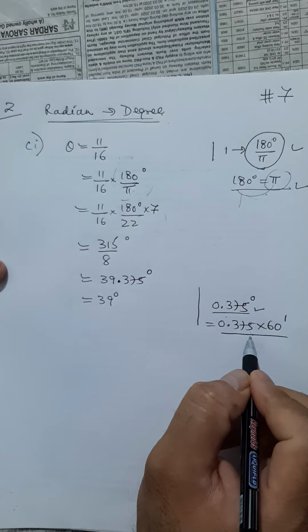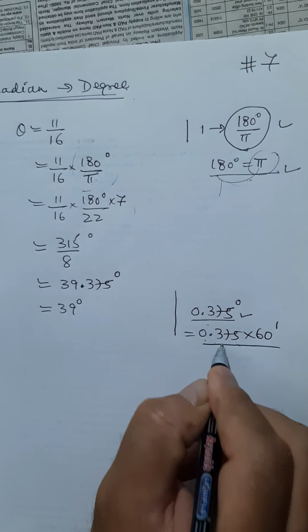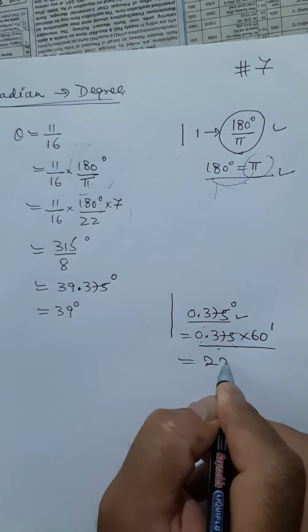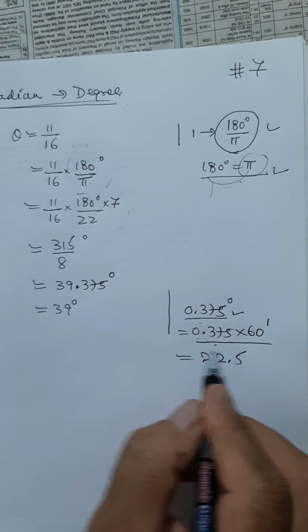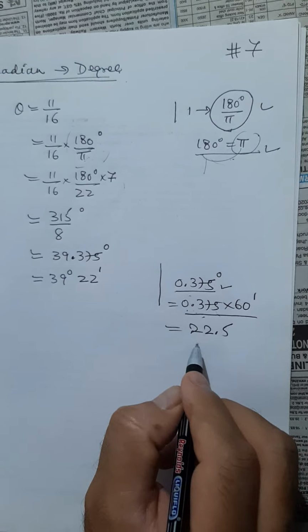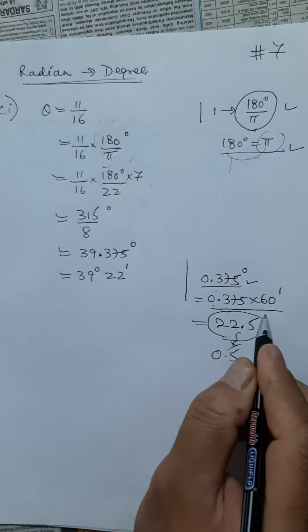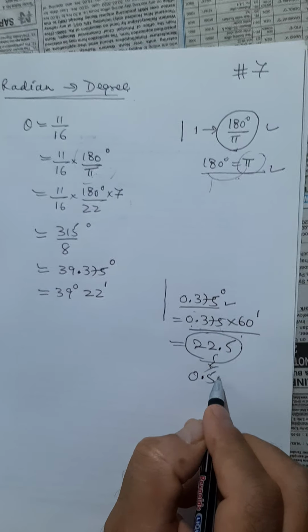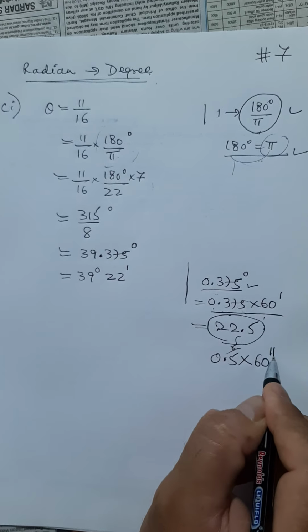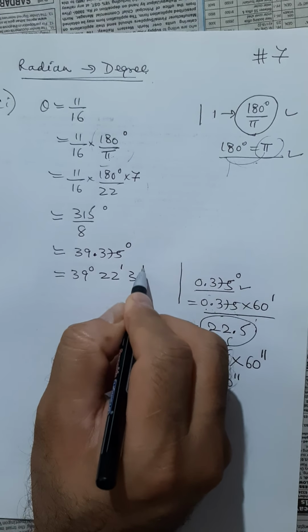If I do this much here, you will get 22.5. So I can say that this is 22 minutes. Now again come to this 0.5, this is in the form of minutes. I want to convert into seconds, so I'll multiply with 60 again. So obviously this is 30 seconds.